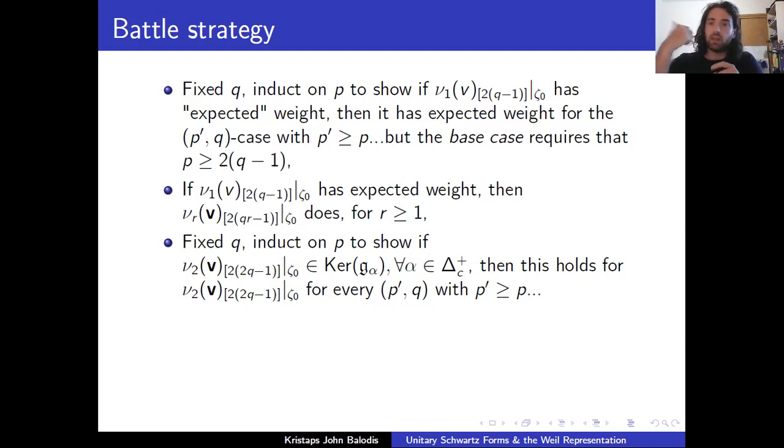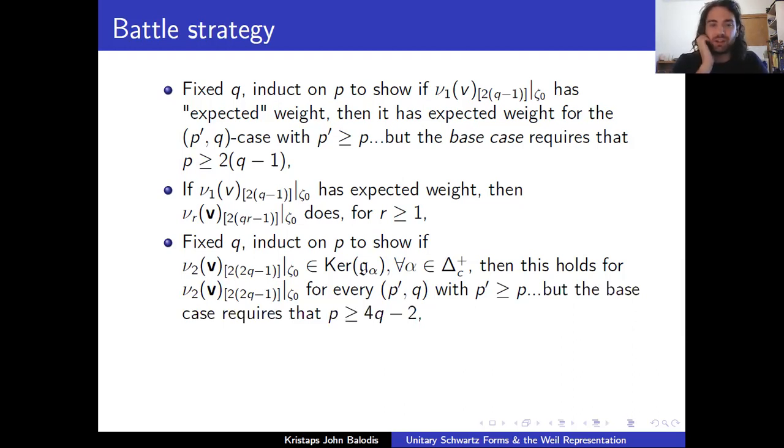So if I fix Q, and I've got some P, and I know that this vector is killed by the positive root vectors, then for all P prime greater than or equal to P, I can prove this is the case as well. But now our bound is even worse in this very computationally expensive thing that we're doing. Turns out the base case requires that P is at least 4Q minus 2. So that's not great, but that's why the computations became absolutely essential in this picture.